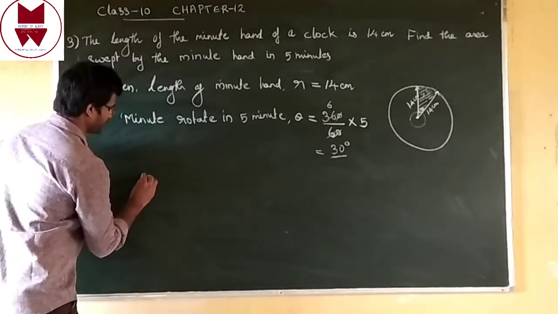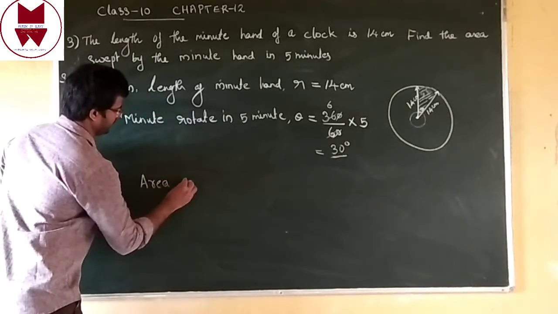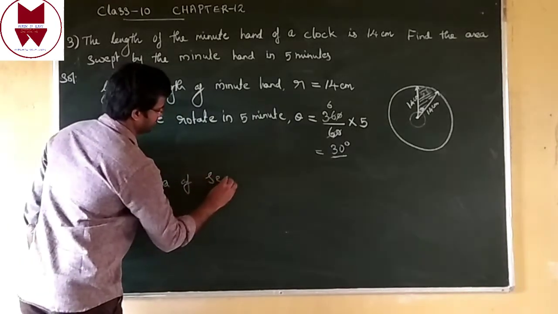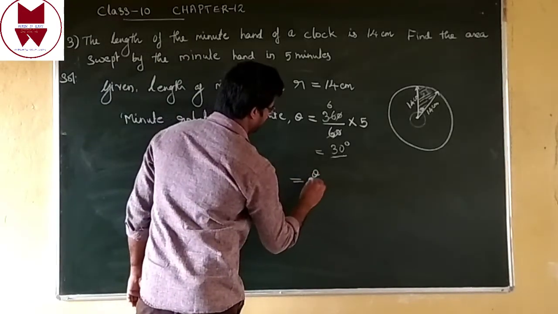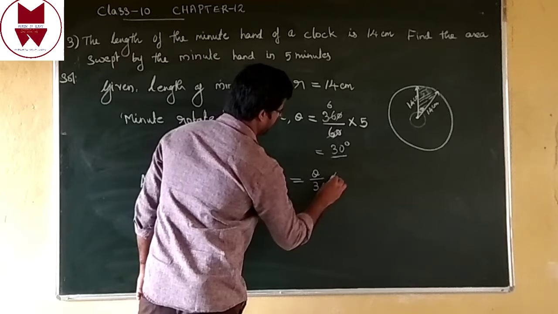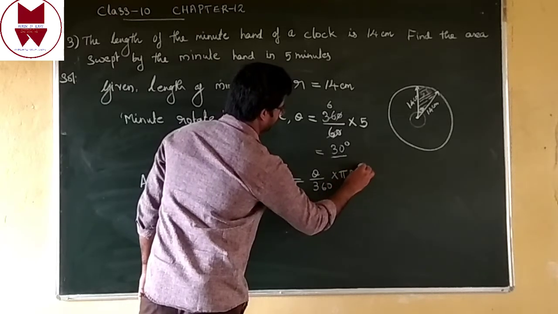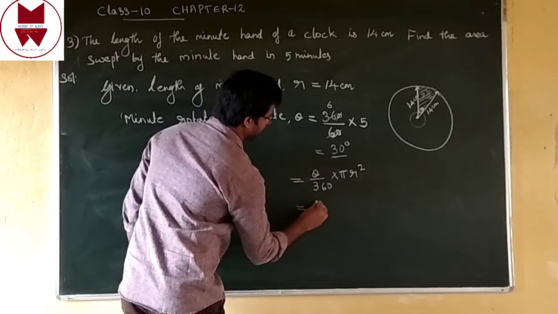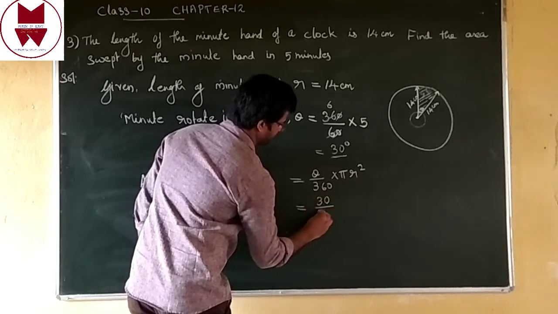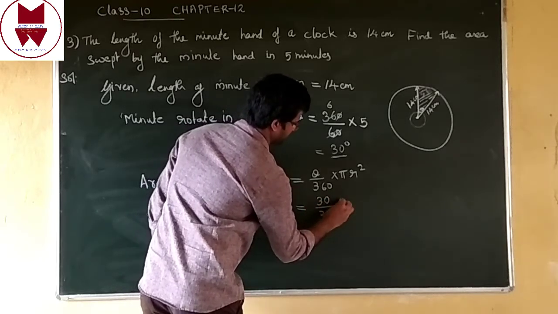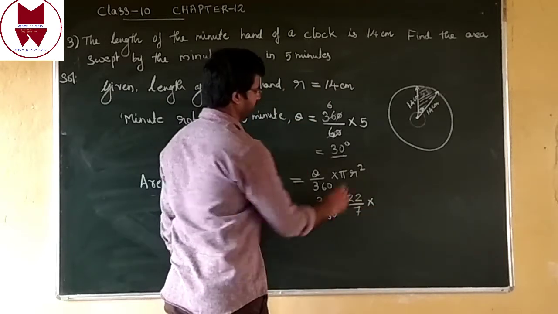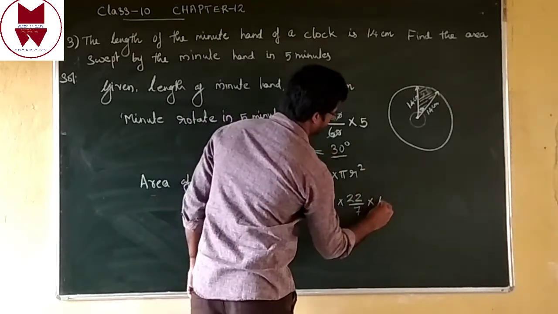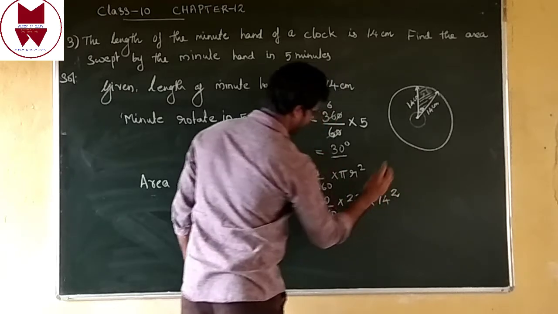Then area of sector equal to theta by 360 into pi r square. Theta is 30, 360, then 22 by 7, then r means 14 square.